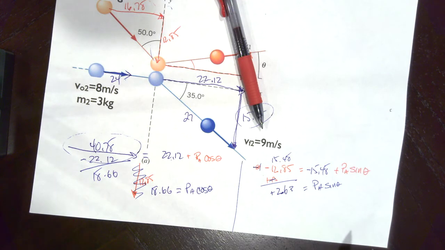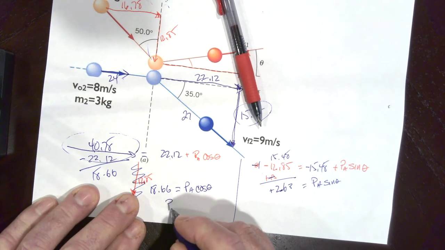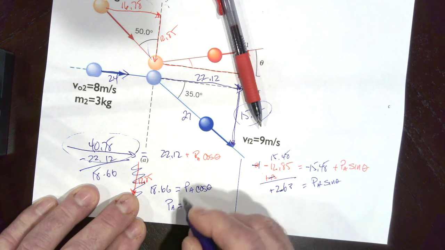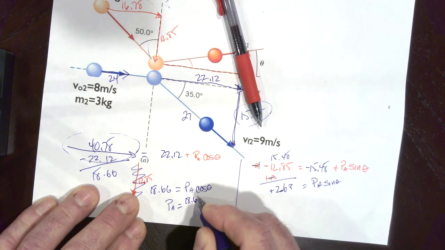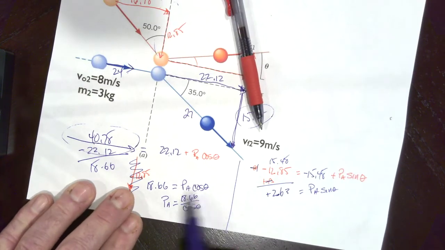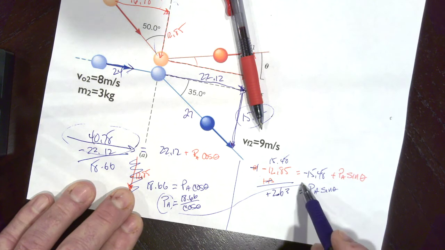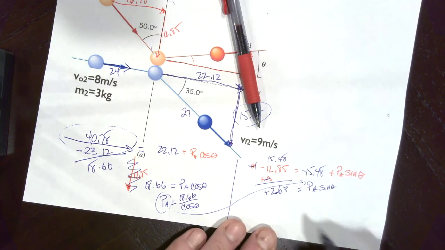So which one do we want to solve for? Sine over cos is tan, so let's do that. P_A equals 18.66 over cos theta, just dividing both sides by cos theta. Then I'm going to take this, plug it in there, and I get everything in terms of theta.